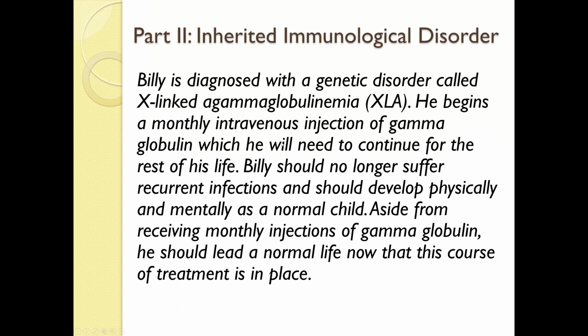Billy is diagnosed with a genetic disorder called X-linked agammaglobulinemia, or XLA. He begins a monthly intravenous injection of gamma globulin, which he will need to continue for the rest of his life. Billy should no longer suffer recurrent infections and should develop physically and mentally as a normal child. Aside from receiving monthly injections of gamma globulin, he should lead a normal life now that this course of treatment is in place.